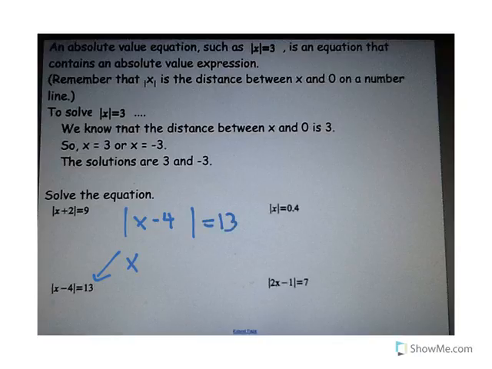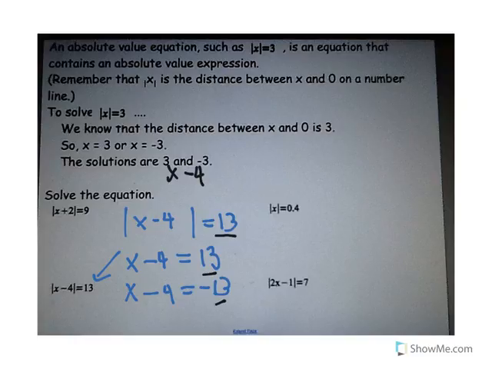We're writing out two different equations now. And x minus 4 is going to be equal to -13. Because remember, if 13 or -13 is the value of x minus 4, then I'm going to end up with an absolute value of 13.